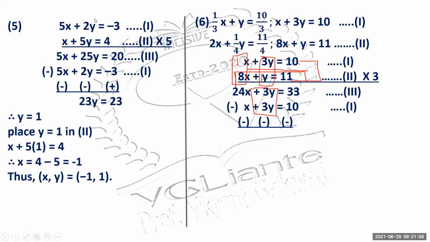Now what happens here is, check, plus 3y and minus 3y is going to get cancelled. 24x minus x, what you're going to get? 23x. And 33 minus 10 is 23. So 23x equals 23. So therefore x equals 1.